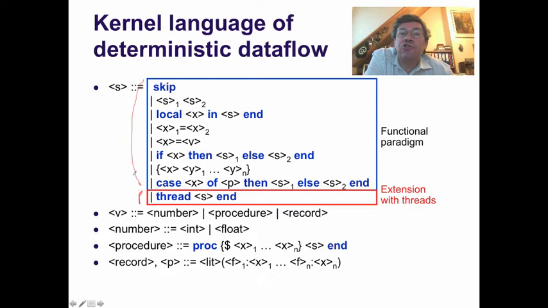If you start with a functional paradigm that does not have those, you have to add those too. Then we also extend the abstract machine to support threads, multiple semantic stacks, and a scheduler, so those are the two extra pieces that we need. And with this, we can express all the techniques of deterministic data flow, such as concurrency transparency, streams, agents, and so on. So these are the three kernel languages.